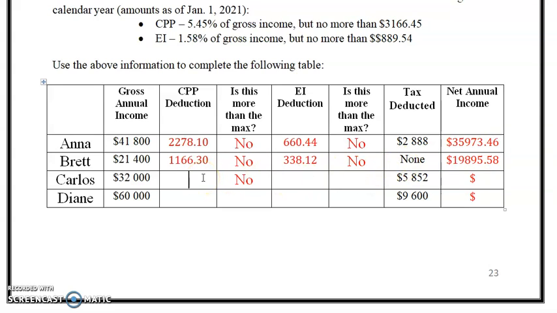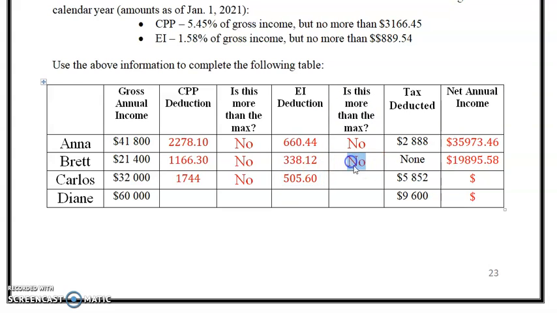All right, let's do 32,000 now. 32,000 multiplied by 0.0545. That'll give us exactly 1744. So 1744. No, that's not more. Remember, it's 3166. EI deduction, 32,000 multiplied by 0.0158. All right, that's $505.60.